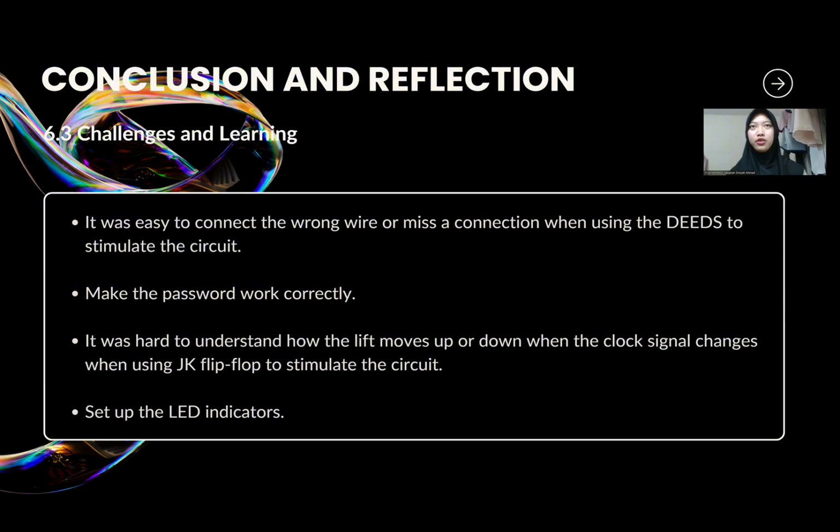Yeah, because it's not easy when we want to set up the password. And actually, it's also hard to understand how the lift moves up or down when the clock signal changes when using JK flip-flop to simulate the circuit. And the last, yeah, we also try to figure out how to set up the LED indicators.